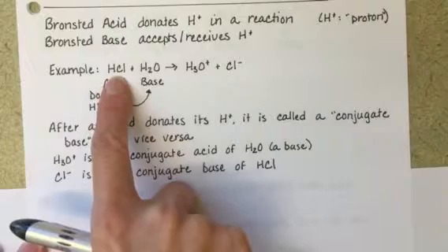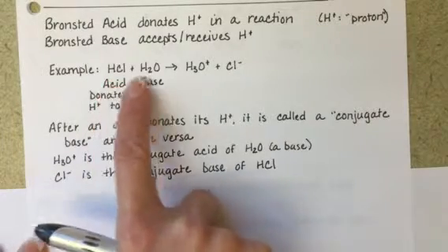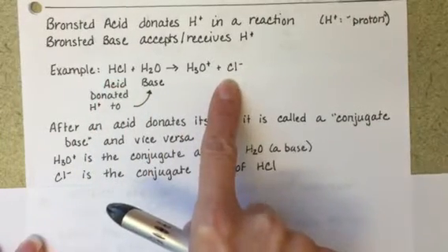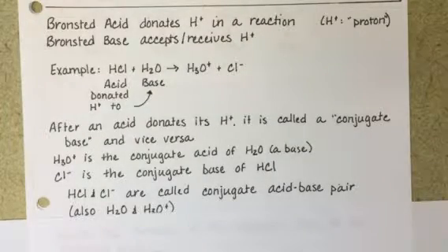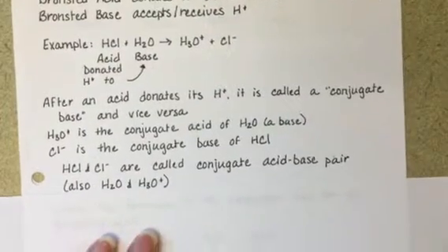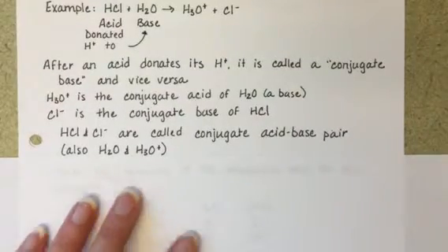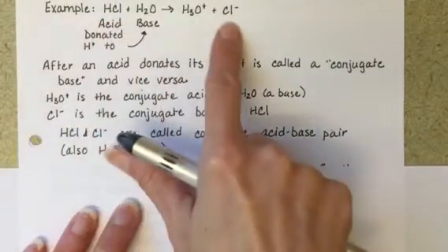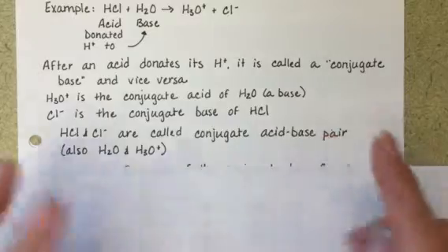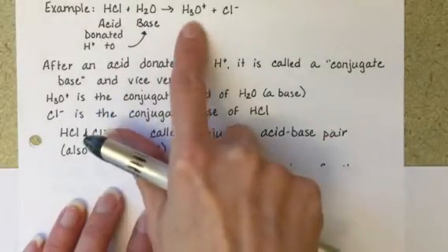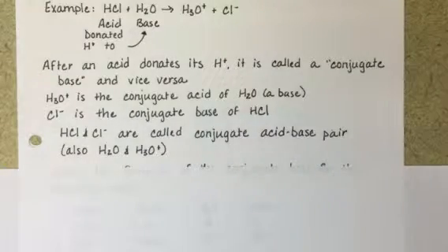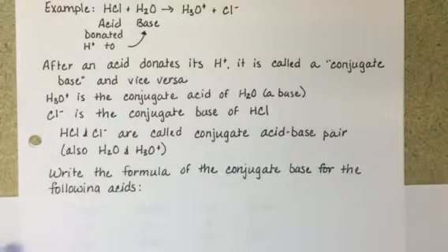And likewise, since HCl was an acid, the substance that it turned into, Cl-, is a conjugate base. We call the acid and its conjugate base a conjugate acid-base pair. So HCl and Cl- are called a conjugate acid-base pair because of their relationship in this reaction. Water and H3O+ are also a conjugate acid-base pair.